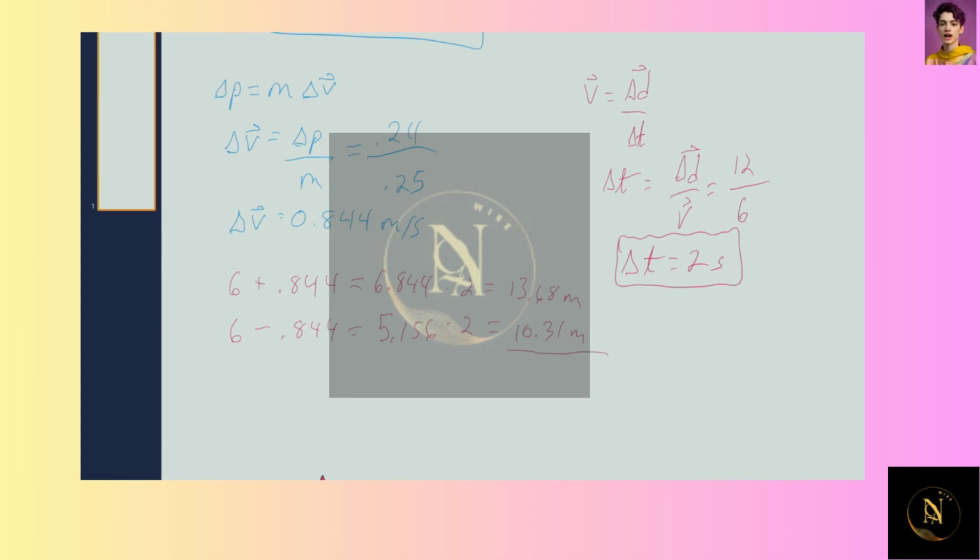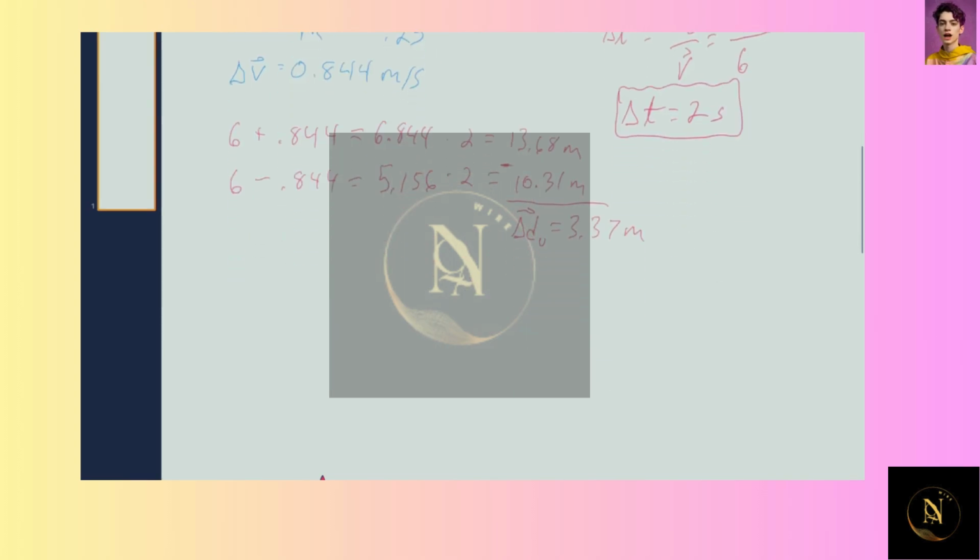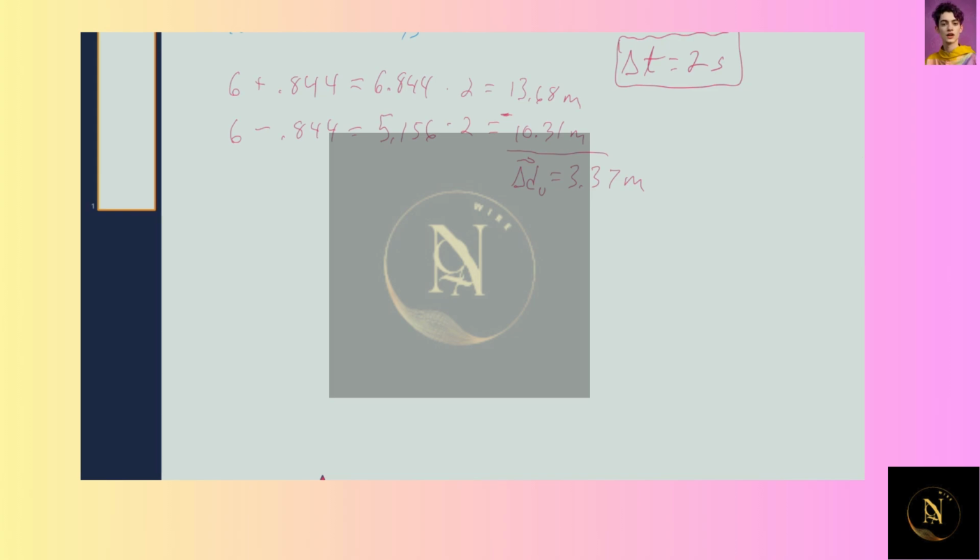If I subtract them, that would give us an uncertainty in the displacement, delta d, of 3.37 meters. If you consider that in a diagram, here is our person that is receiving the ball, standing there at 12 meters.